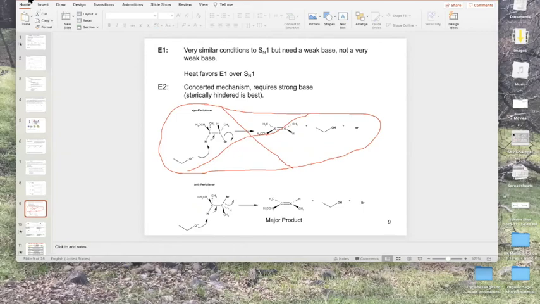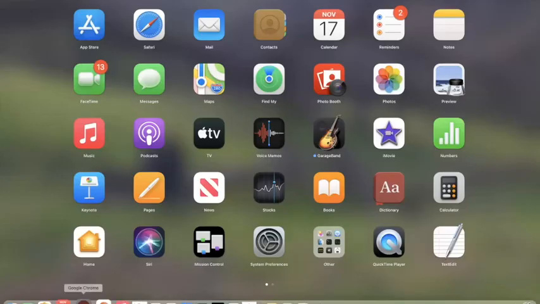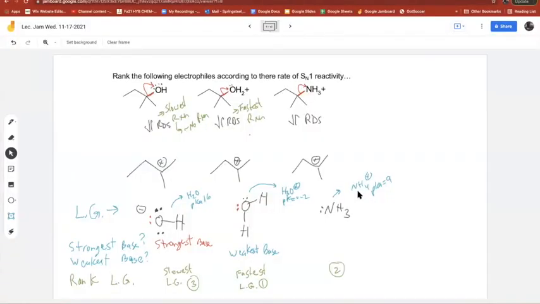Okay. So let's talk about E1 for a little while because E1 and SN1 are very similar. They have the same first step.